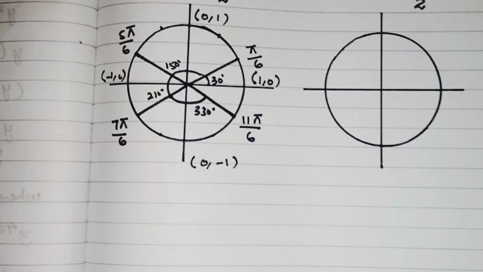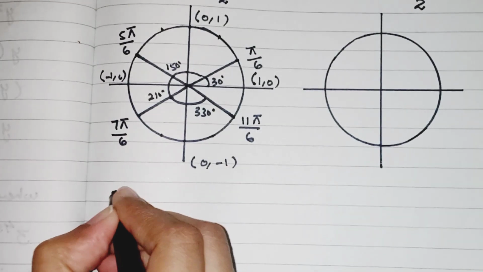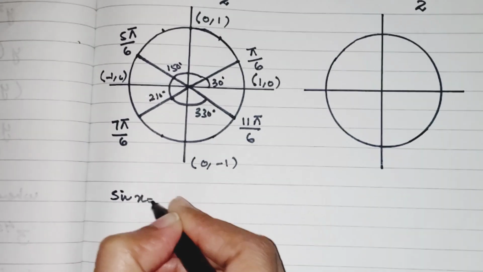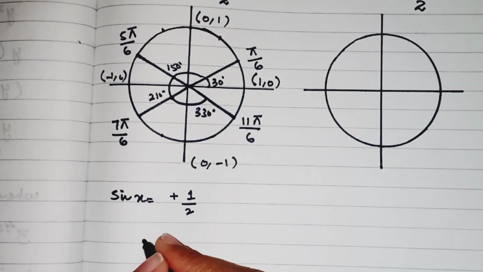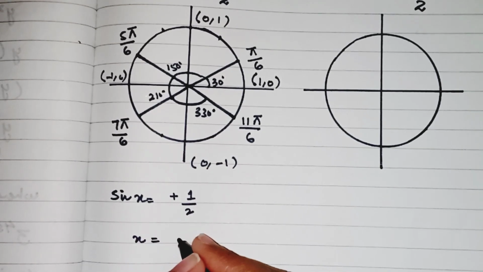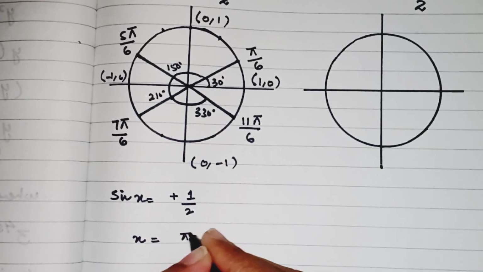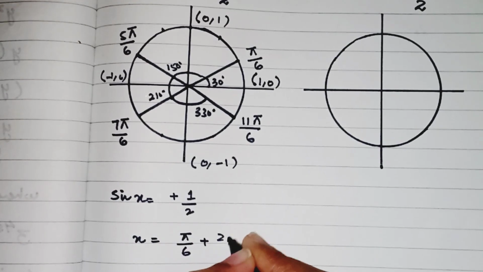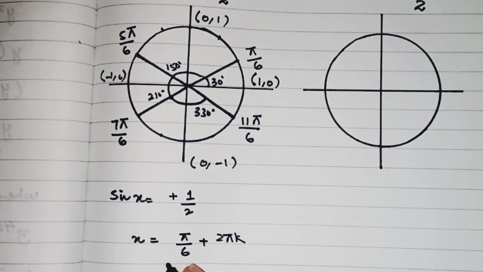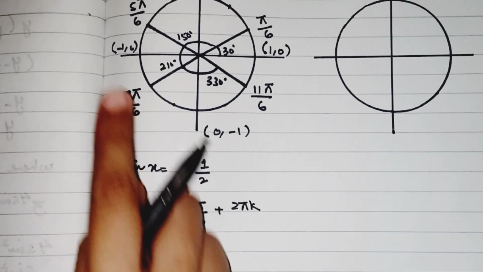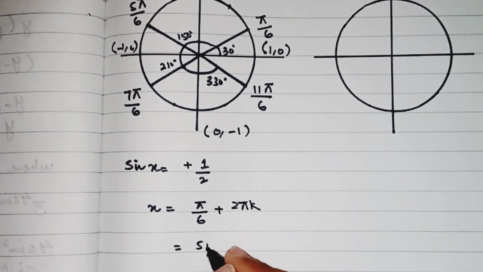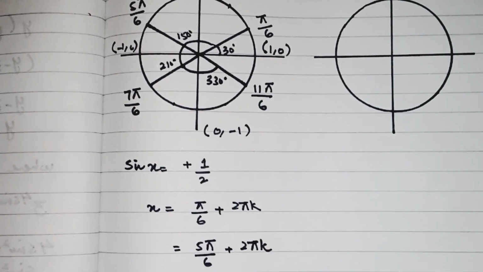Writing it, sine x is equal to plus 1 upon 2, so I can write x is equal to pi upon 6 plus 2 pi constant, or the other one is 5 pi upon 6 plus 2 pi constant.